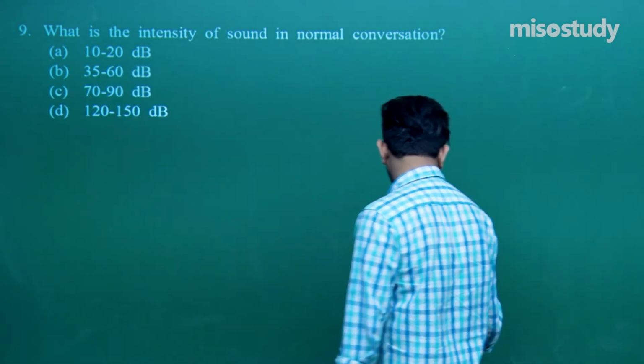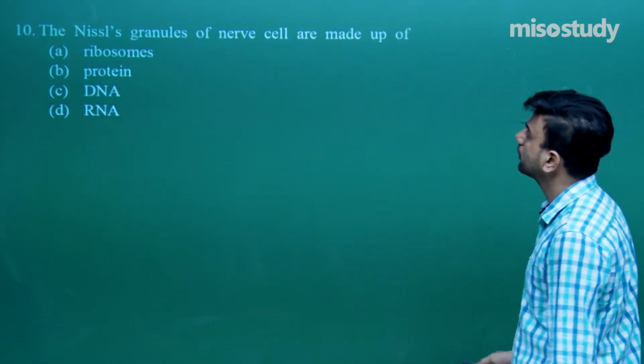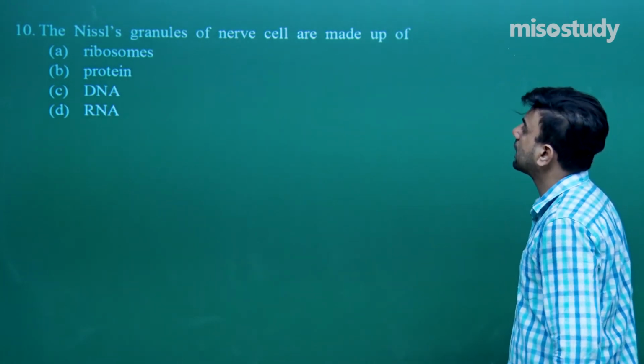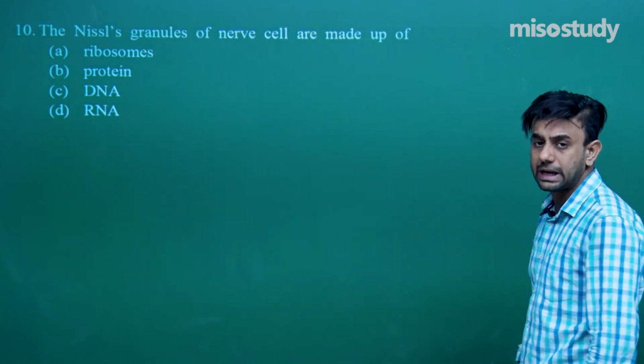Let's go to the next question. The nasal granules of a nerve cell are made up of ribosomes, protein, DNA and RNA.